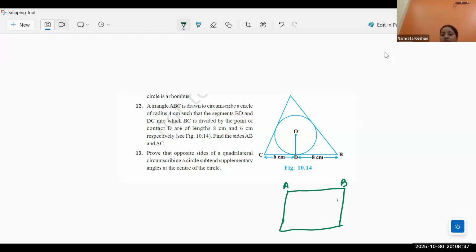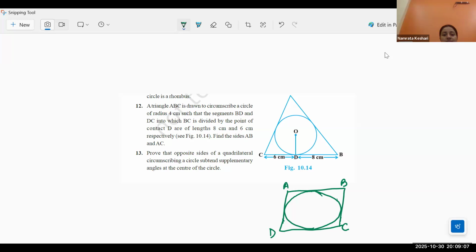Your circle must touch AB, BC, CD and DA as well. Touching means AB will behave like a tangent to this circle. Similarly, AD will work like a tangent to the circle, CD will work like a tangent, and BC will also work like a tangent to the circle. This is the meaning that the quadrilateral is circumscribing a circle.